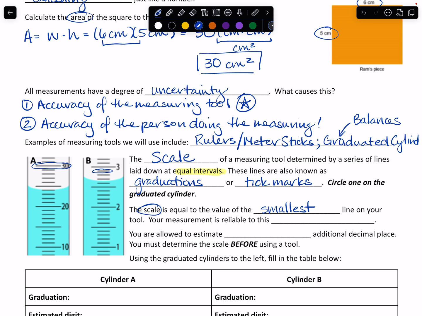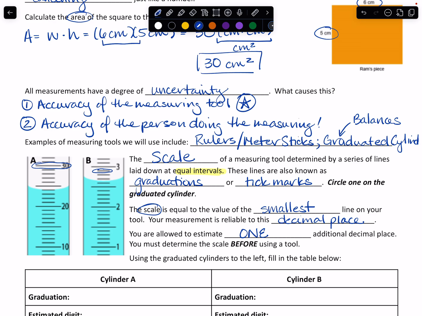Your measurement is reliable to this decimal place. You are allowed to estimate one additional decimal place past what you know. So basically, you use the scale to determine the known number and its position in terms of the decimal point, and then you are allowed to estimate one more digit past that point.